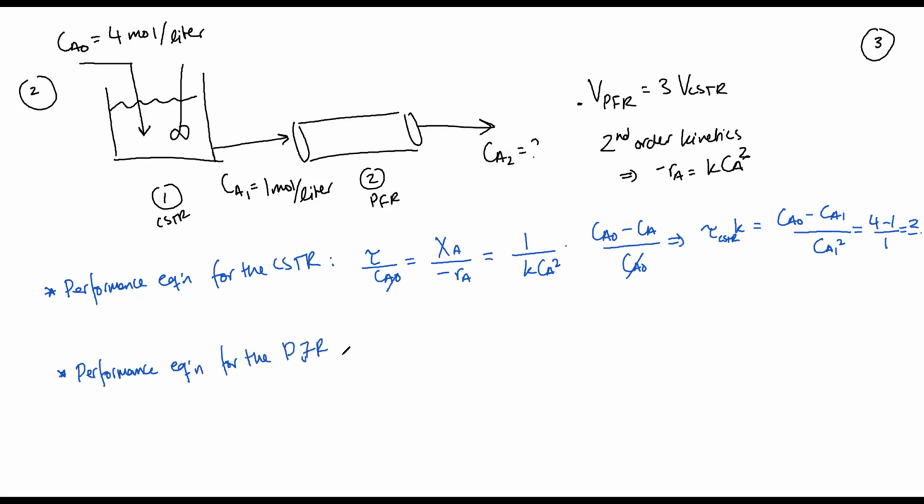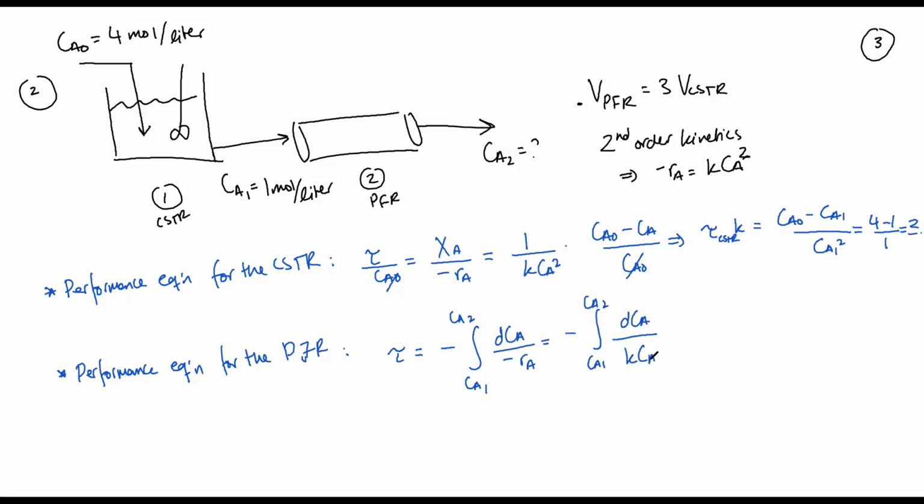If you recall, the performance equation for a PFR is tau is equal to minus the integral, in this case the inlet is CA1, from CA1 to CA2 of dCA over minus RA.